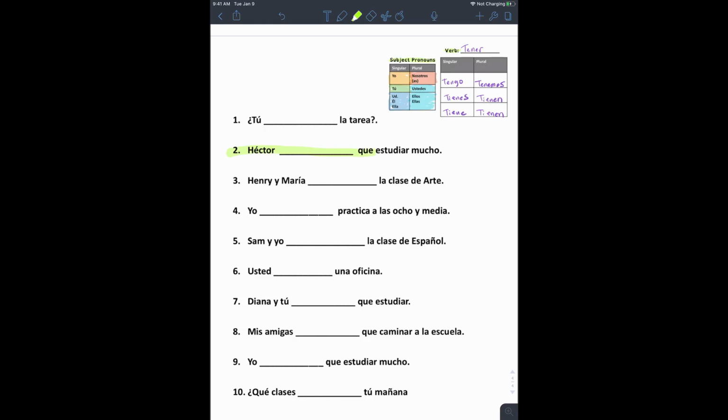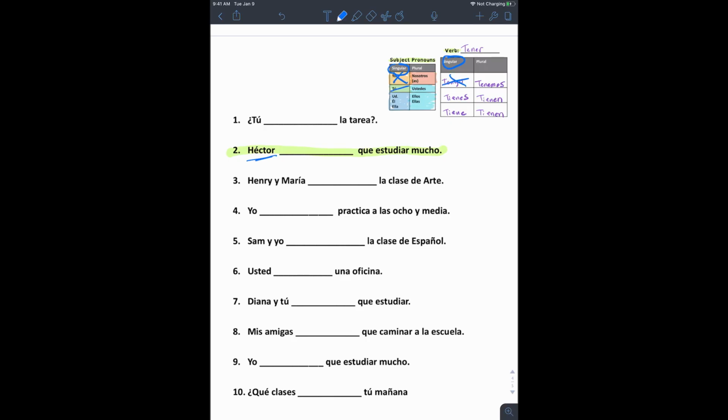Number 2, Héctor blank que estudiar mucho. In English, this means Héctor has to study a lot. So we're looking for the word has, which of course is found in this chart. We just got to find the right one. Well, we know that Héctor is of course one person, which means it's singular. It's not yo, so we can't use tengo.